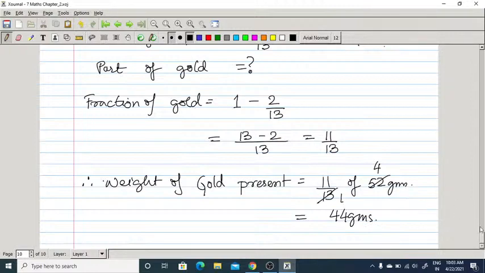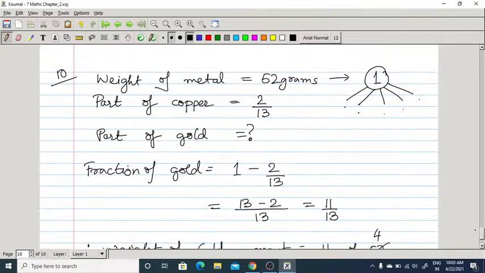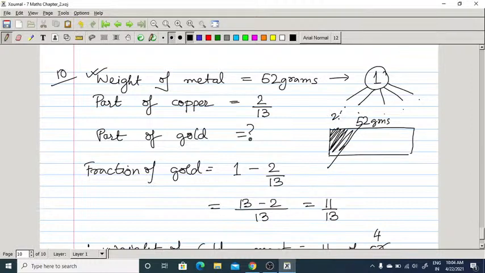See here, I'm going to explain this once more. Suppose this is the metal and the total weight of the metal is 52 grams. Now 2/13 of the part, suppose this part is copper.